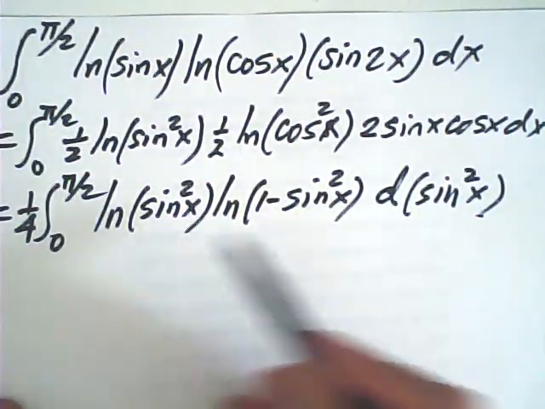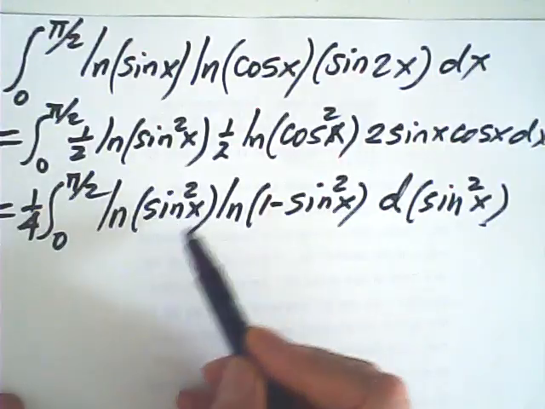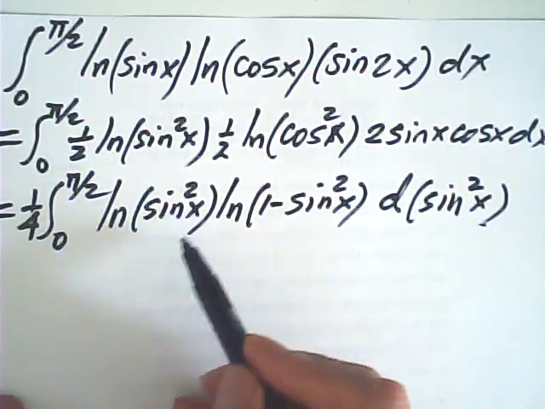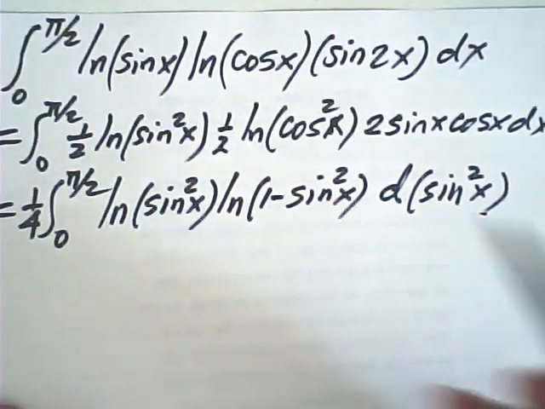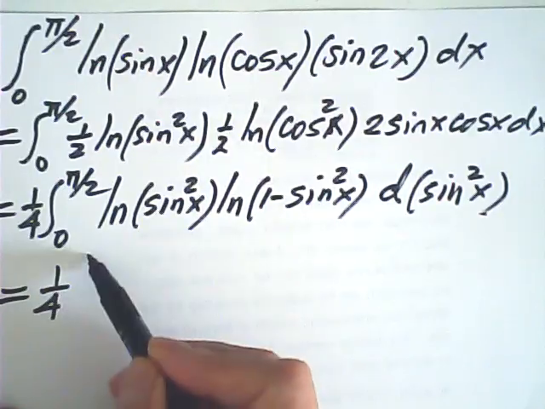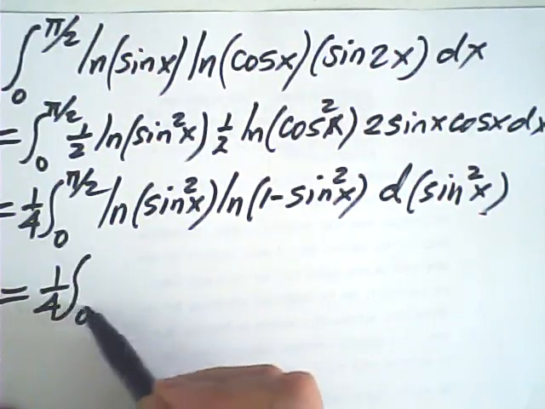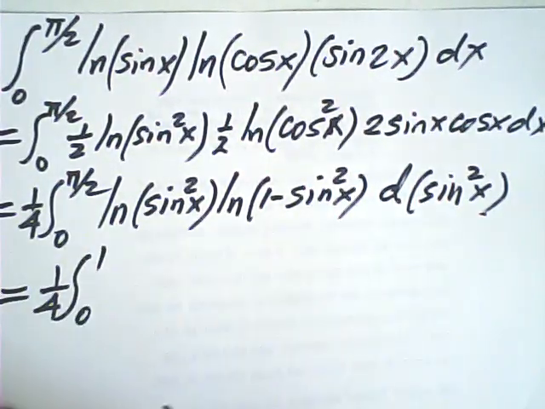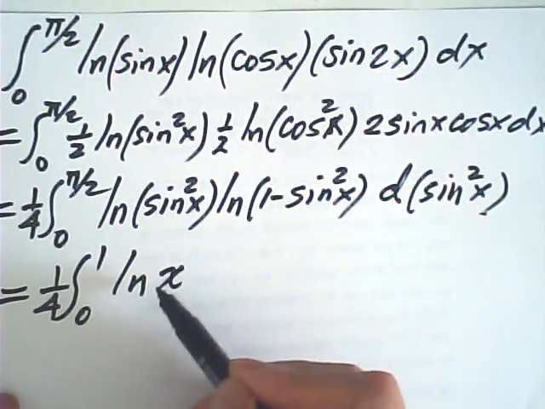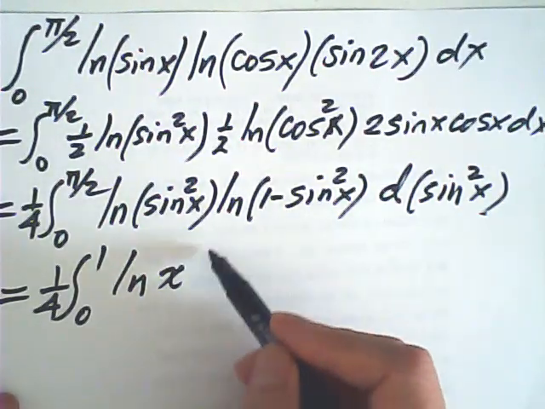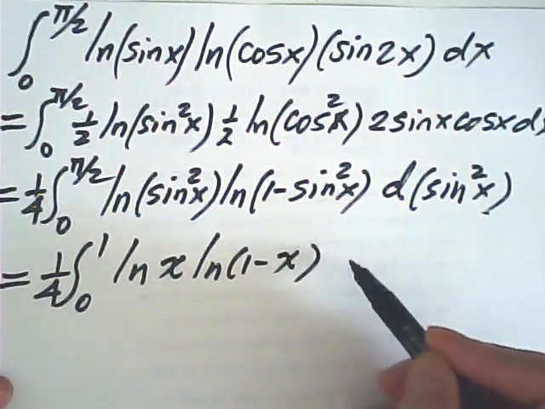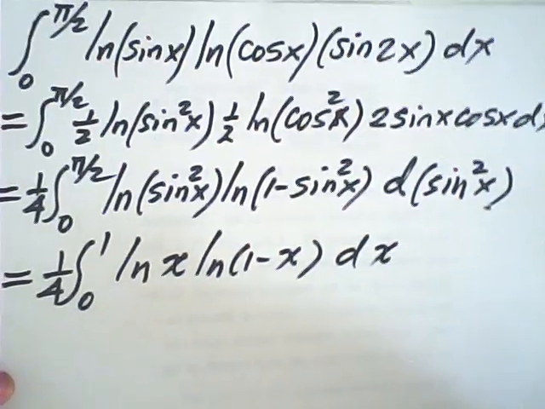I prefer to write x instead, let sine squared x be x. So 0 is 0, pi over 2 becomes 1. So it becomes log x and natural log 1 minus x, and dx.